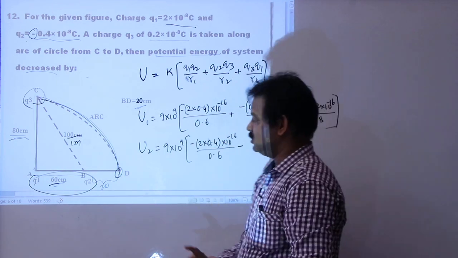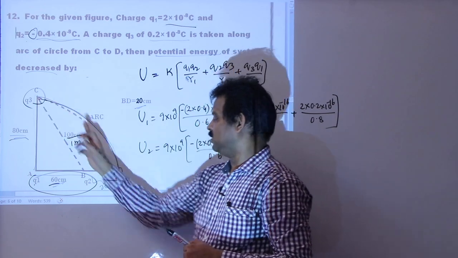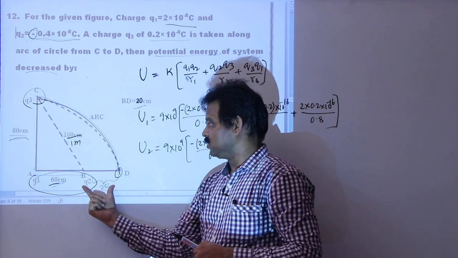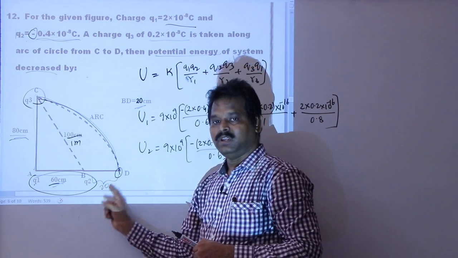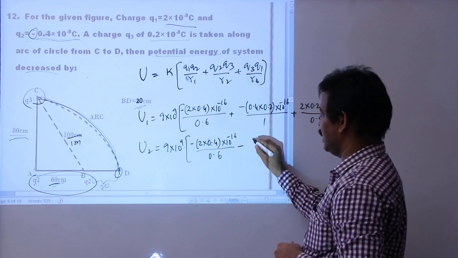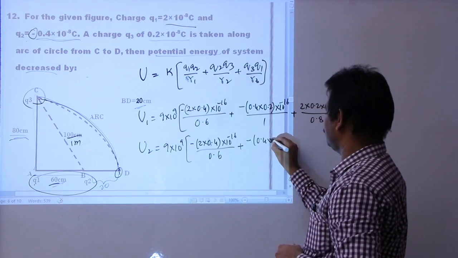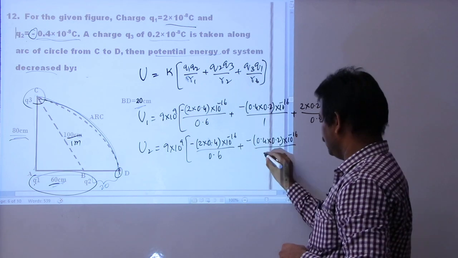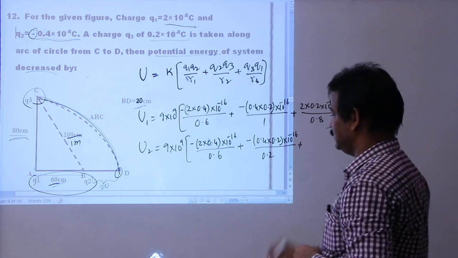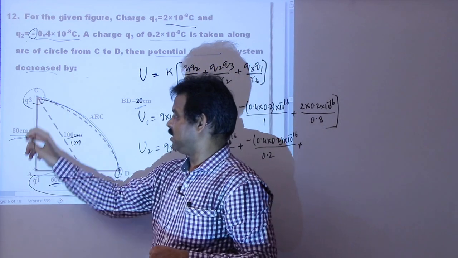Next, the second charge and third charge. The second charge was there only, but the third charge has been displaced from point C to point D. Previously the distance between these 2 was 1 meter, now it is only 20 centimeters. So now I will write this as plus minus of 0.4 into 0.2 into 10 power minus 16 by 0.2, plus the third charge and first charge.